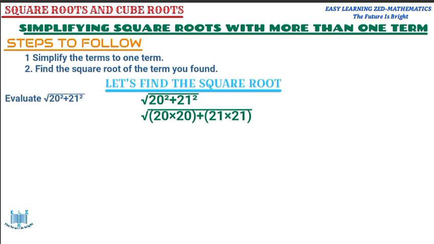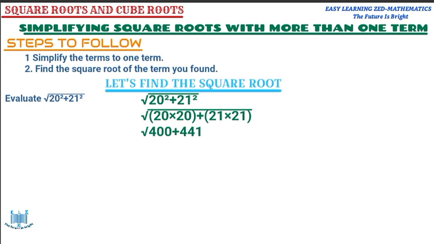So the expressions in the brackets, I'm going to multiply them. Then when I find the answer, I'm going to write it down. So 20 multiplied by 20 will give us 400, which I'll write there, 400. Then plus 21 times 21 will give us 441.